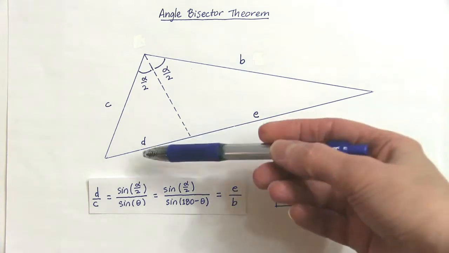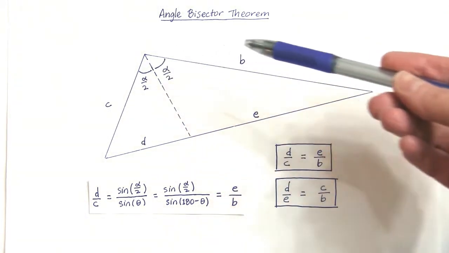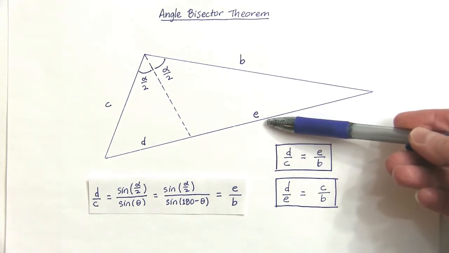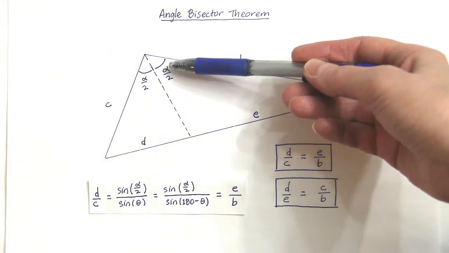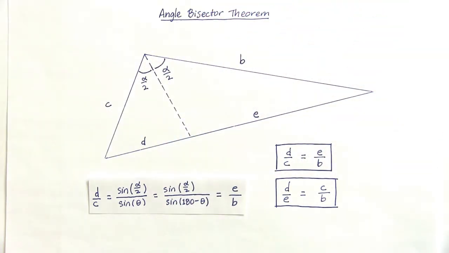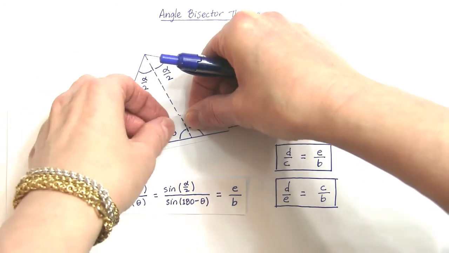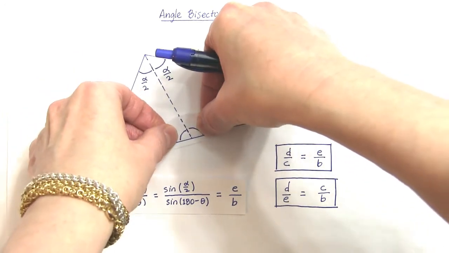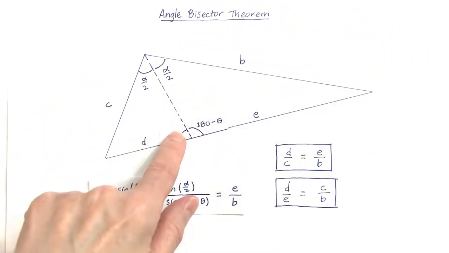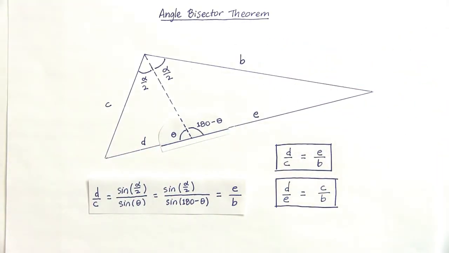So we have D is opposite the angle alpha over 2, and E is also opposite the angle alpha over 2, and C is opposite this angle here. Let's call it theta. And B is opposite of 180 minus theta.